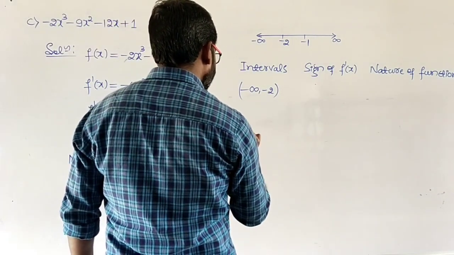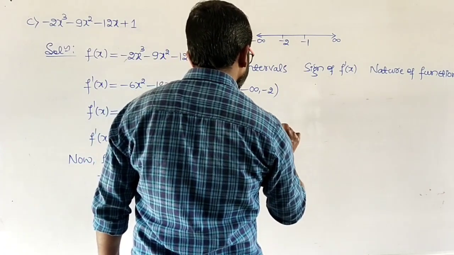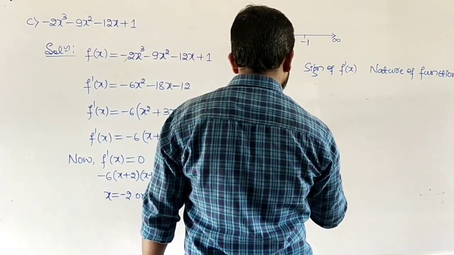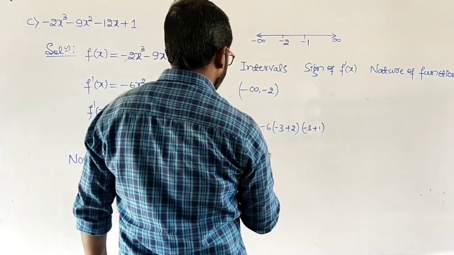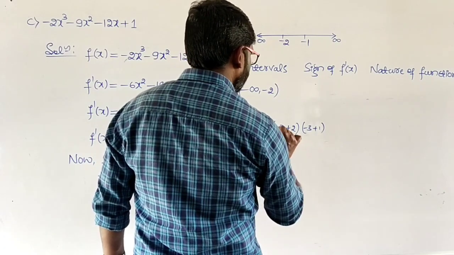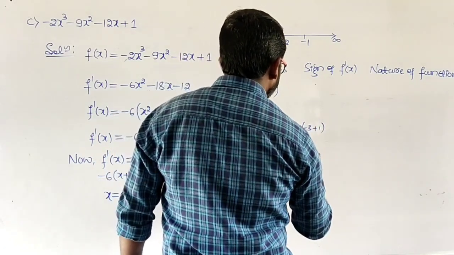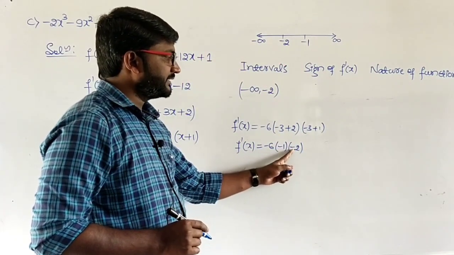So f dash of x, which is equal to, I take minus 6 as it is, then minus 3 plus 2, then here minus 3 plus 1. So now f dash of x is equal to minus 6, then minus 3 plus 2 is minus 1, and then minus 3 plus 1 is minus 2. So see here, minus into minus is plus, plus into minus is minus.